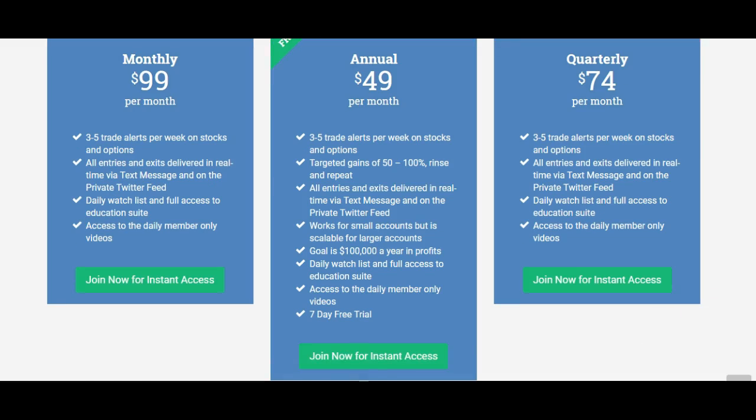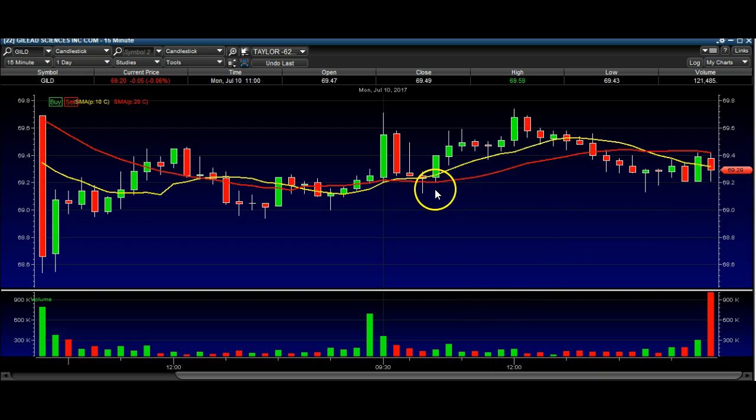Alright, so let's get into this losing trade and how you can learn from it. First of all, let me explain the setup. This is Gilead on the 15-minute chart, so each candlestick represents 15 minutes of trading. This is the first candle of the day, and it opened with pretty decent volume.